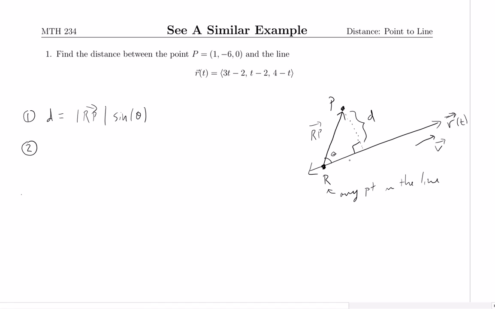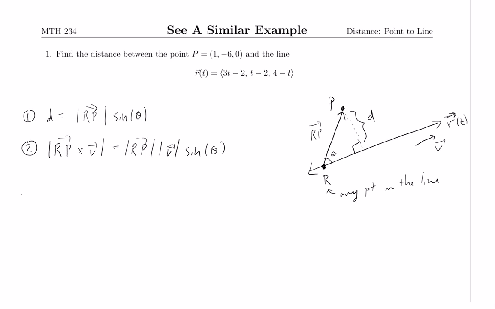Now in the picture, notice that theta is the angle between the vector RP and the vector that I called V. So using that formula, we can say that the length of the cross product of RP and V is the product of their lengths times the sine of the angle between them. And that angle is theta in this picture.